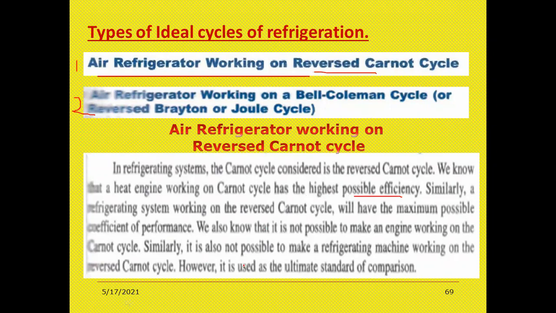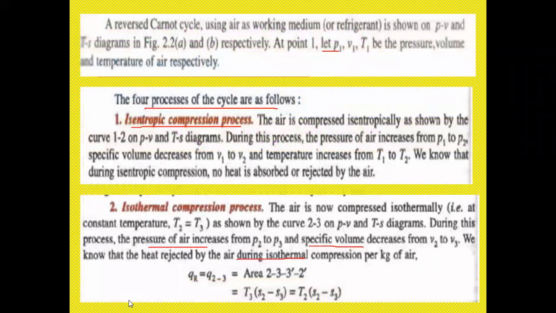Now we'll see the concept of the refrigeration cycle in the next slides. The Carnot cycle has four processes. The first one is the isentropic compression process. The second one is the isothermal compression process.